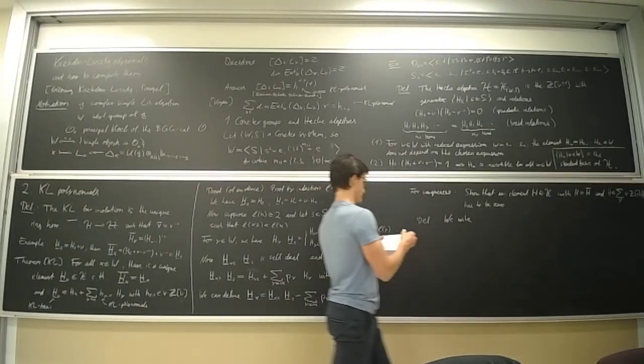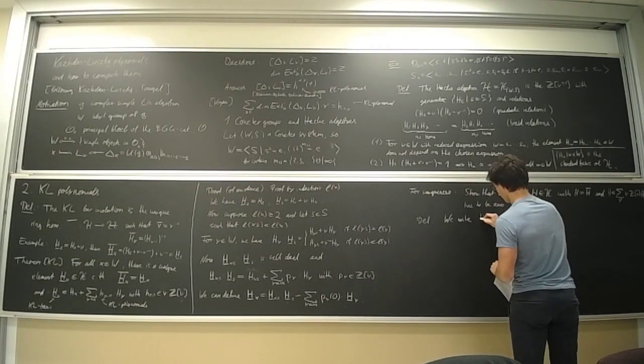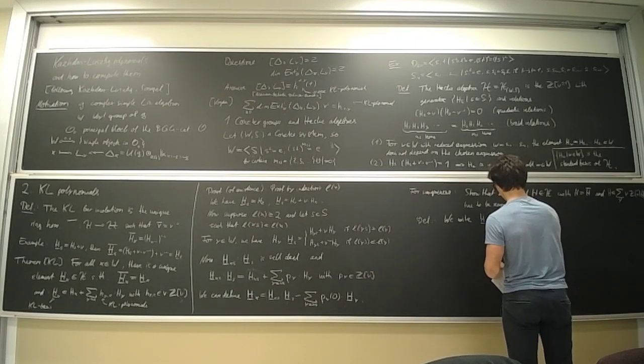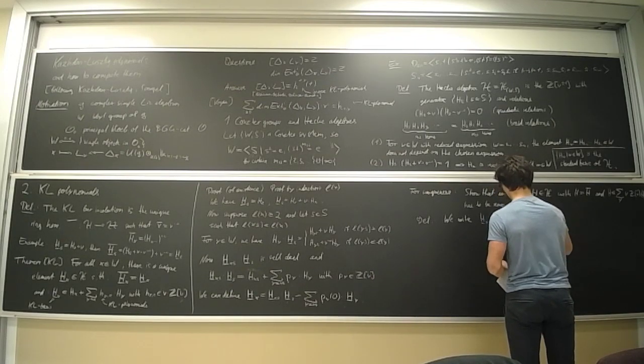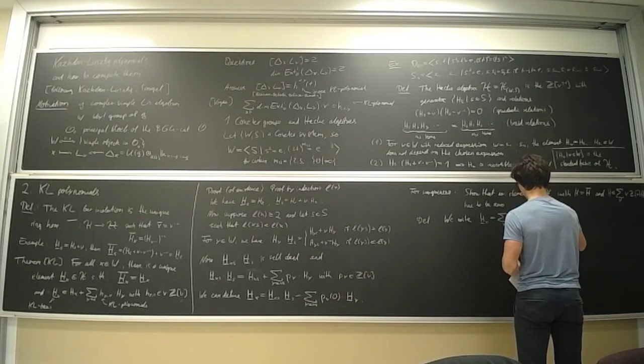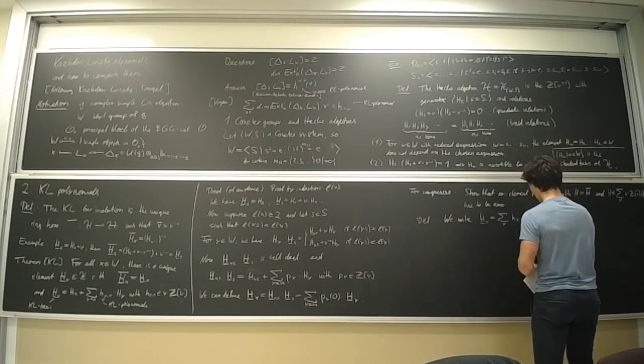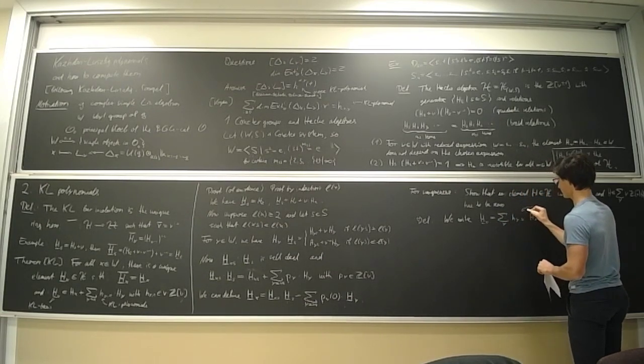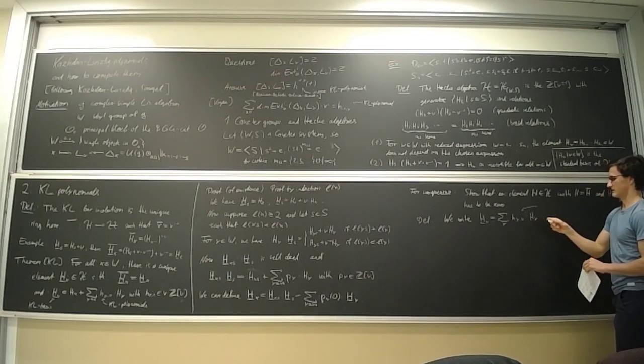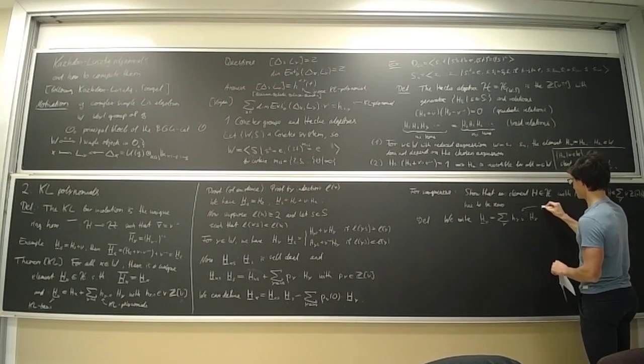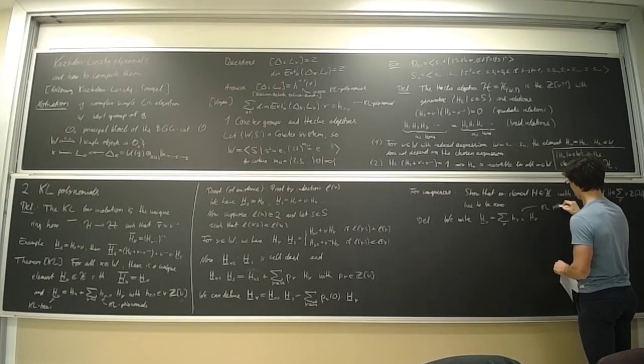Now, just for the sake of completeness, we write H underline x as the sum over y of h_{y,x} times H_y, and we call the base change coefficients between the Kazhdan-Lusztig basis and the standard basis the Kazhdan-Lusztig polynomials.